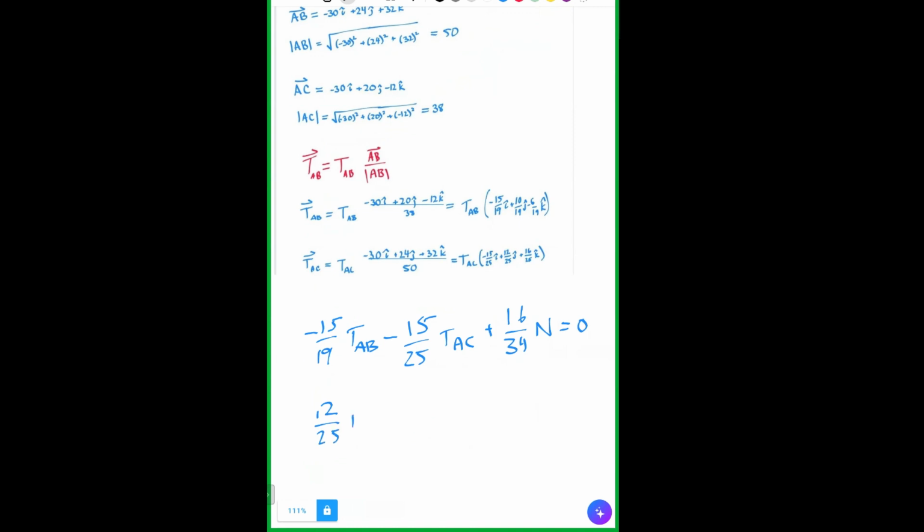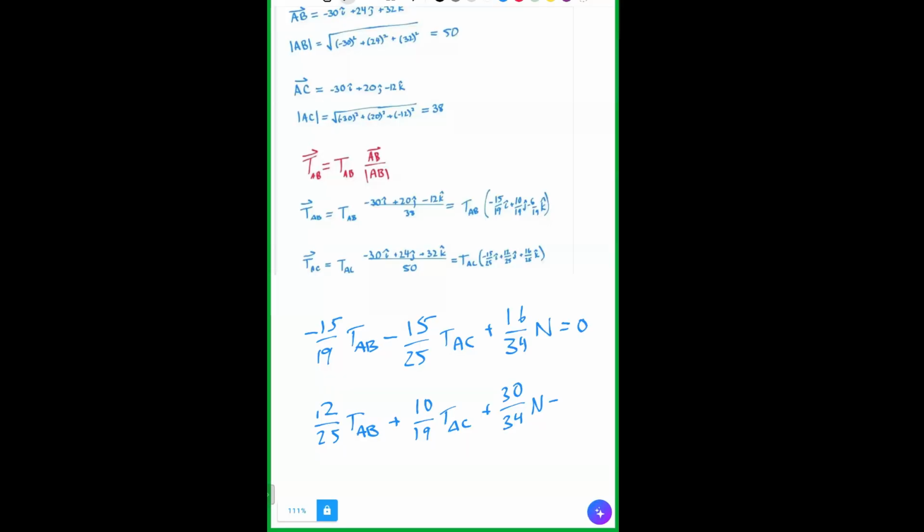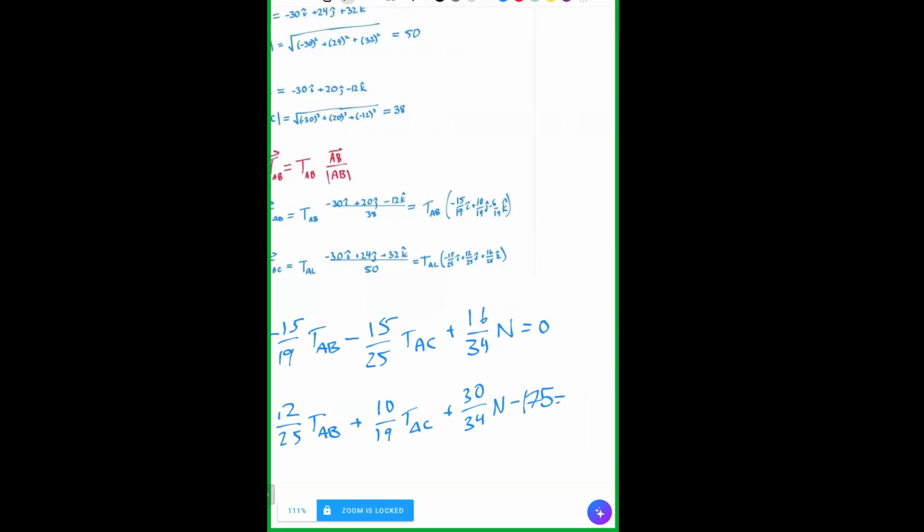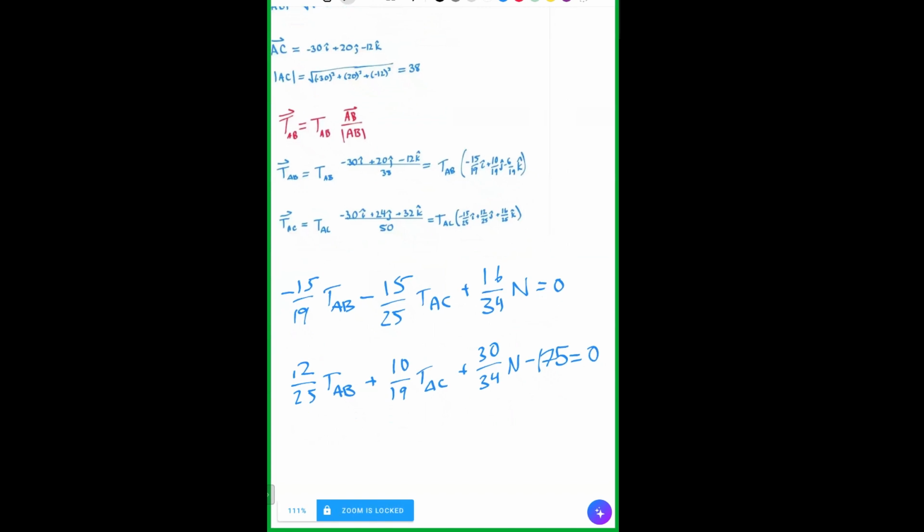All the numbers I'm getting come from finding the components of each of these force vectors. And then for our weight vector, we can just plug in the number we already know, 175. Once again, same process for our last equation here; we'll just plug in the values that we know have a component.